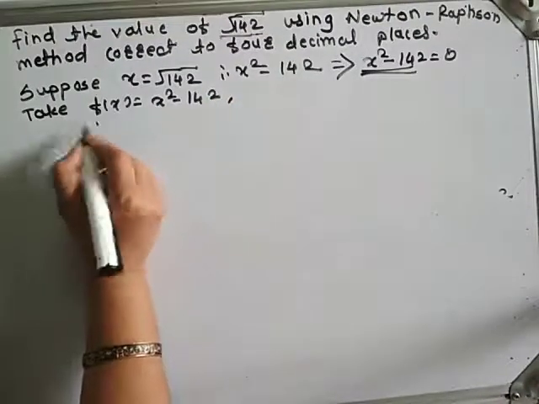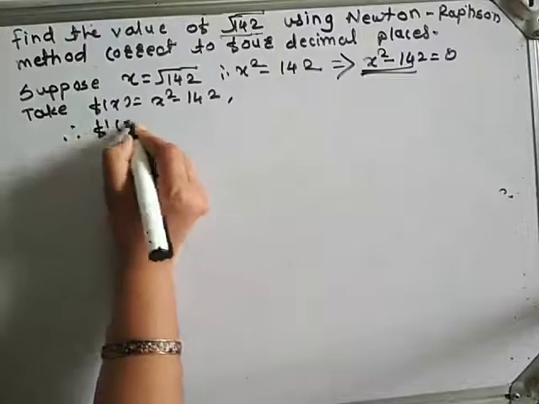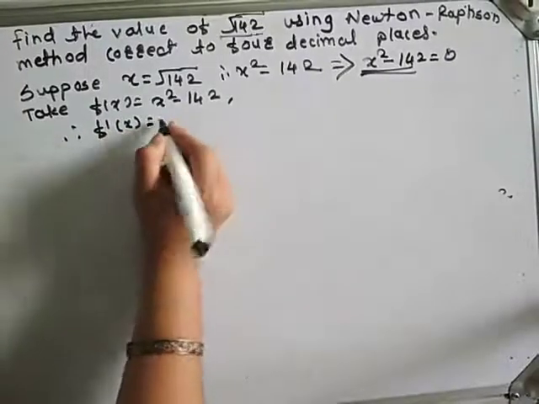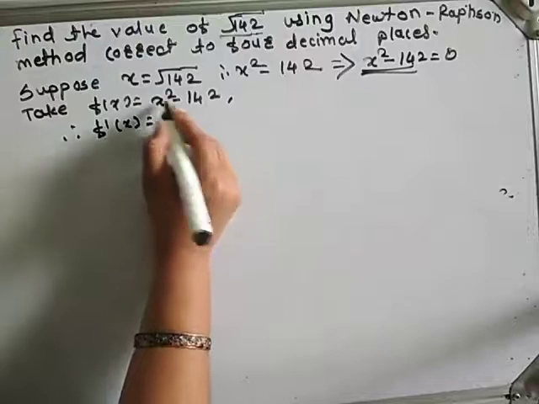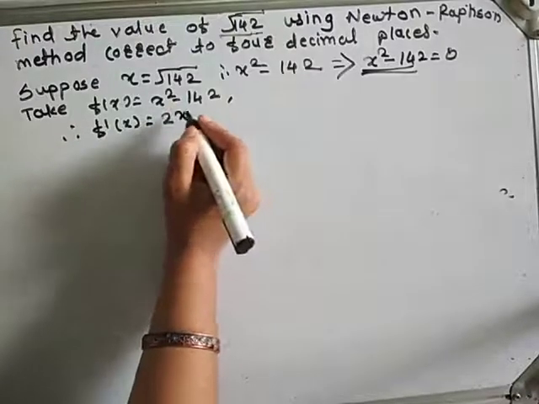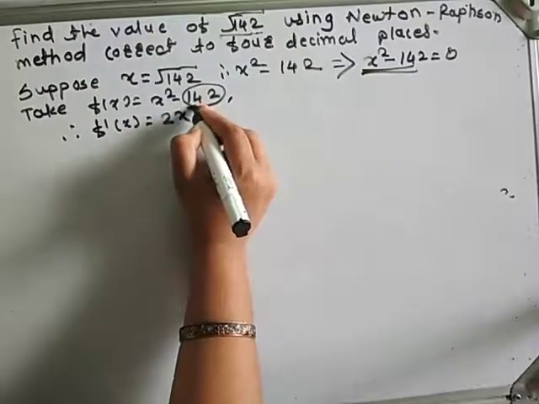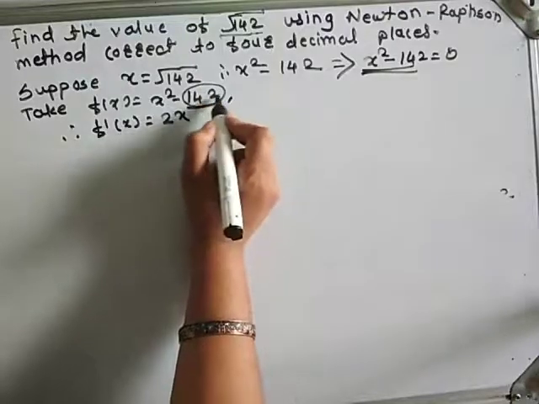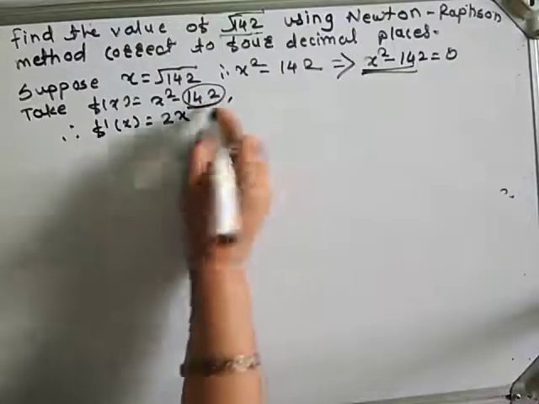Therefore the derivative of f is equal to 2x, because the derivative of 142 is 0, as it is a constant number.